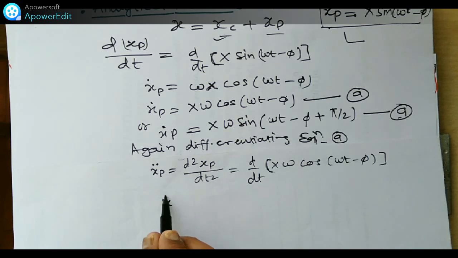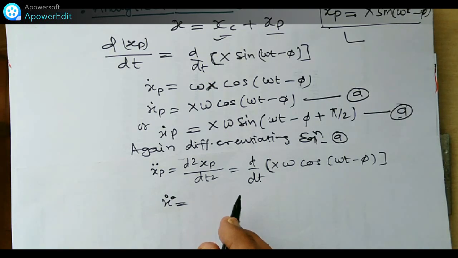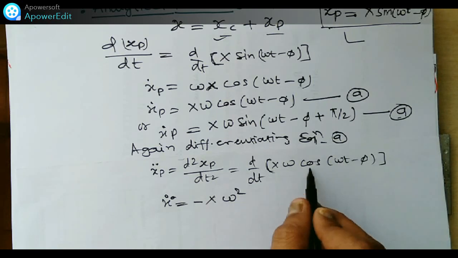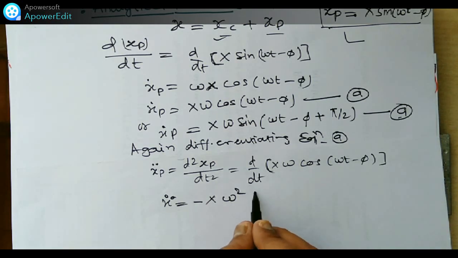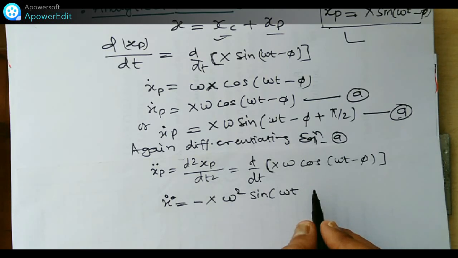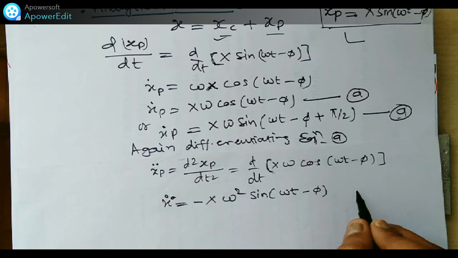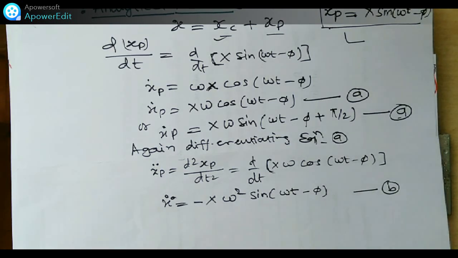What is the derivative of this? It is minus X omega square, with omega coming outside, and here it becomes sine of omega t minus phi. This is equation B. You can call it B.